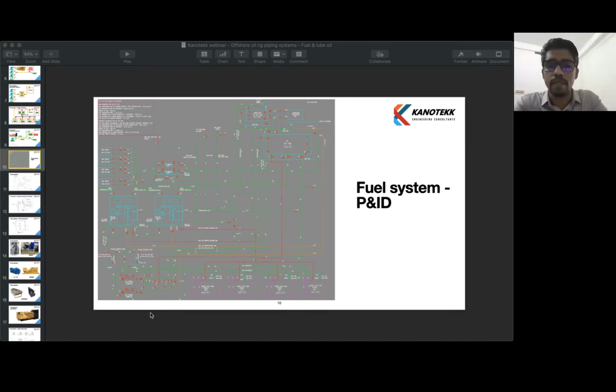Since transferring is a long operation, it would be continuously in operation. So we use pumps with 50 to 80 or 100 gallons per minute capacity, and the pressure will be like 6 to 8 bar. That will be the normal range. So that will be the transfer pump capacity.